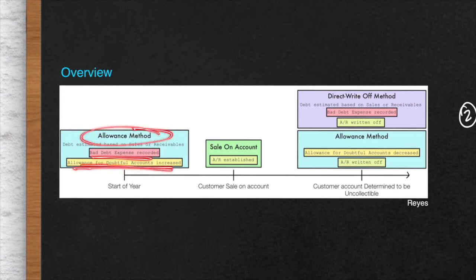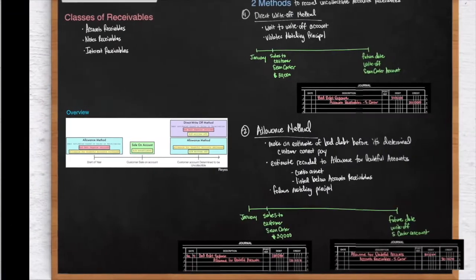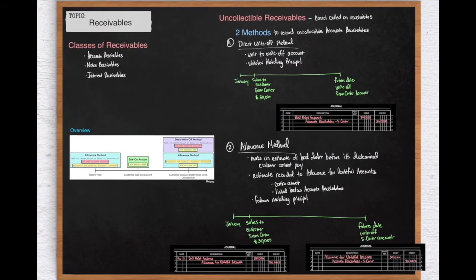One for the estimate, where you debit bad debt expense and credit allowance for doubtful accounts. And then finally, in the future, where you debit allowance for doubtful accounts and credit AR, or accounts receivable, to write the customer's account off. Those are the two differences, and hopefully that picture helps to distinguish between the two.